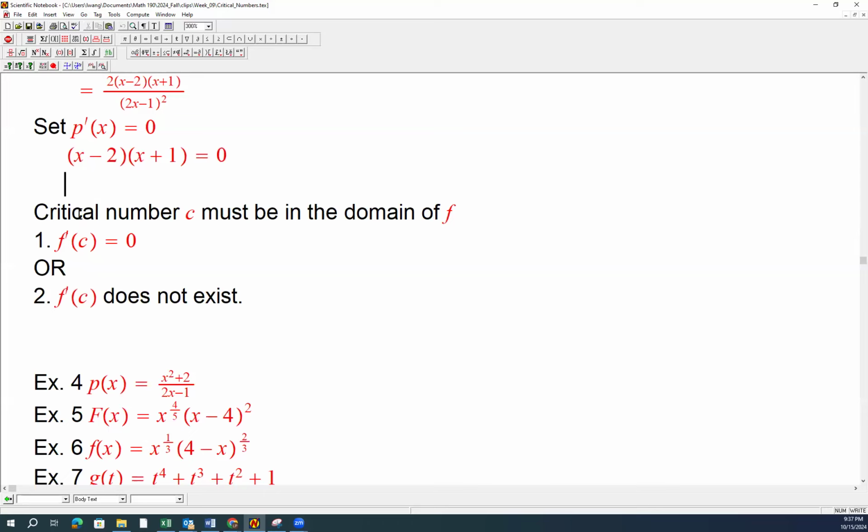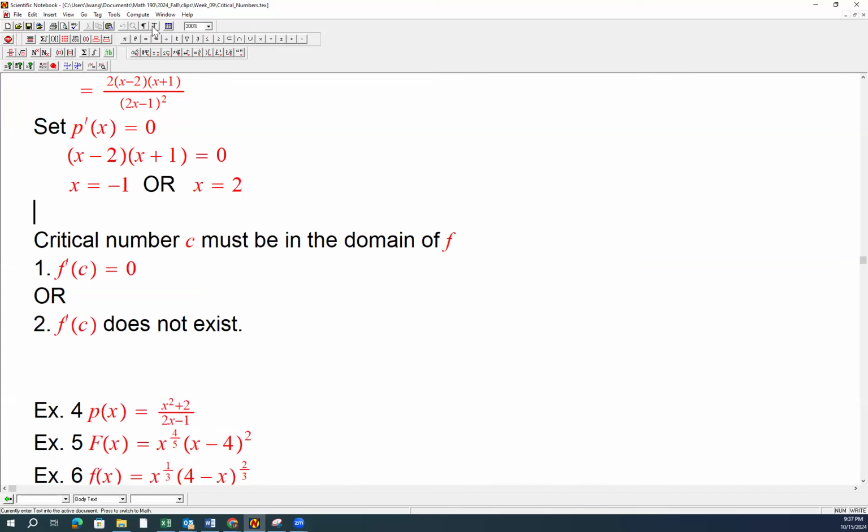If the numerator has to be 0, then x equals negative 1 or x equals 2. So we got 2 critical numbers, but we need to double check.